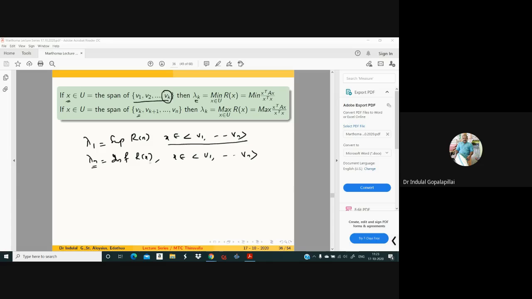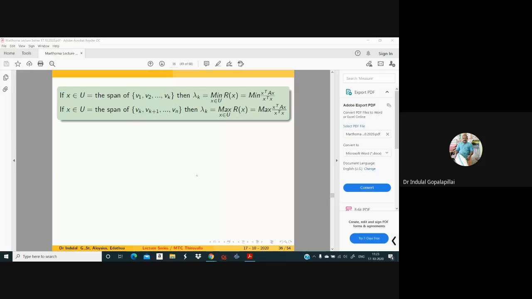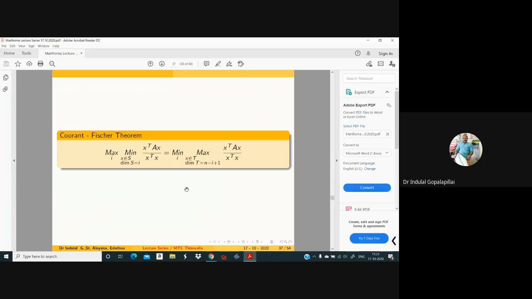And combining these two, we have the Courant-Fischer theorem. See, this is a simple application of what we have just described. The maximum among minimum of these Rayleigh quotients will be equal to the minimum among maximum of these Rayleigh quotients.